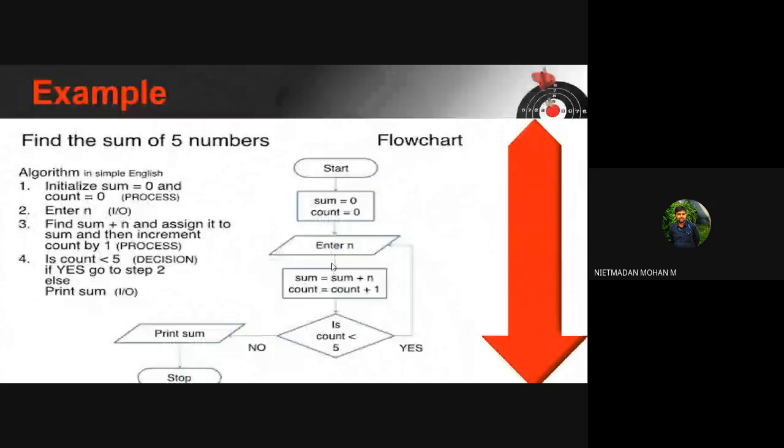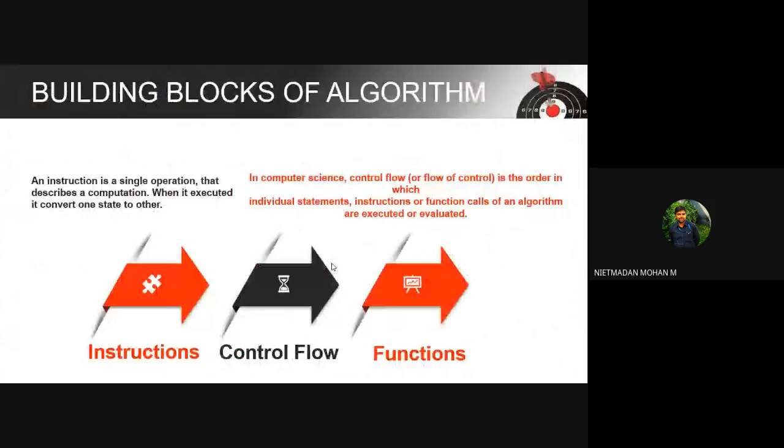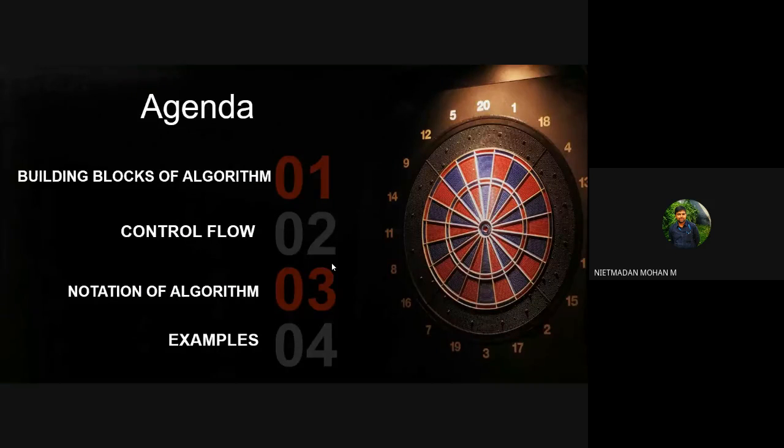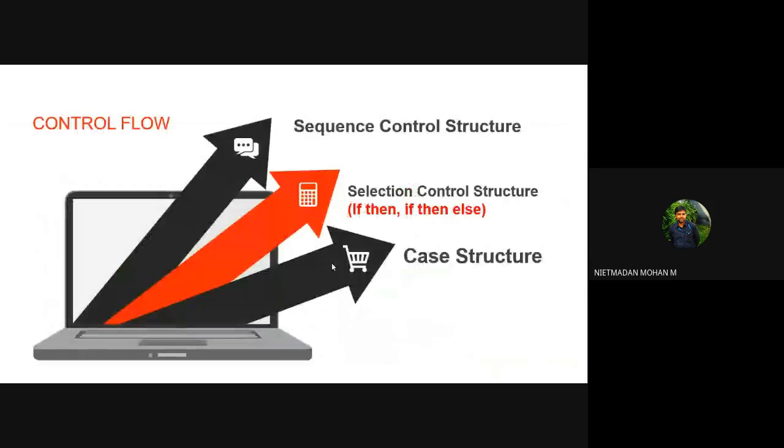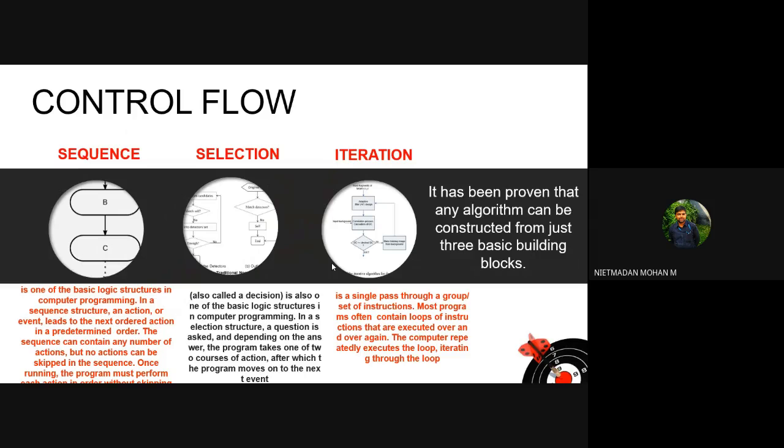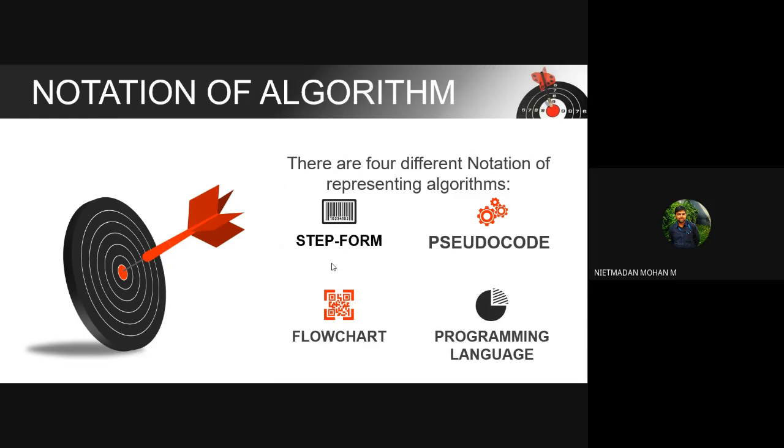As of now, this is the end of this session. Whatever we have discussed, that is the building blocks of an algorithm, the control flows that can be used in an algorithm, and the types of control flow have been explained. I will give you this presentation. You can read the text I have mentioned there. The notation of an algorithm consists of 4 types: step form, pseudocode, flowchart, and programming language. We have not entered into the programming language yet; the programming language we are going to discuss is Python.